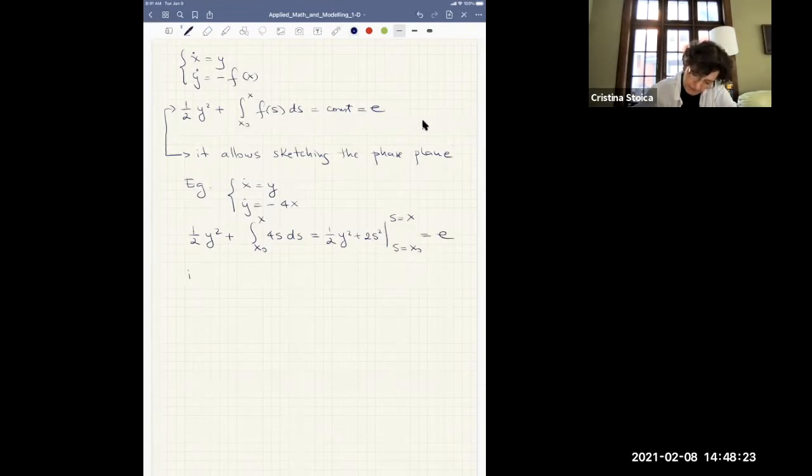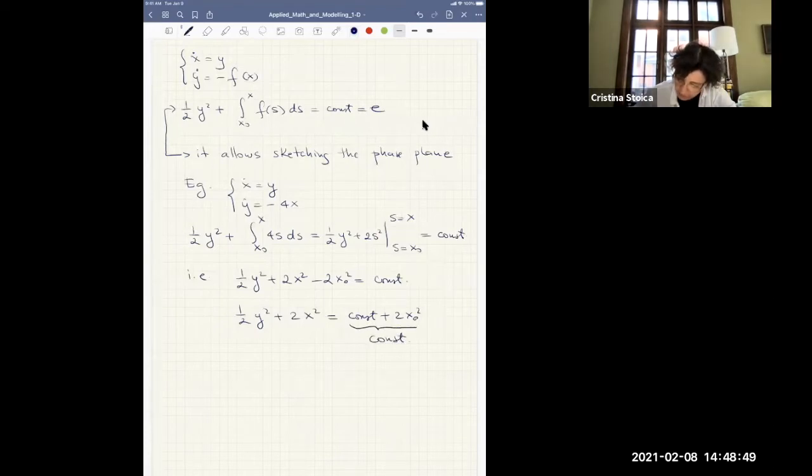So we would have 1/2 y squared plus 2x squared minus 2x naught squared equals, and not e, let's put constant. And then we end up with something that looks like this: constant plus 2x naught squared, but this is a constant in itself. So I'm going to call this one E. In other words, I'm leaving on the left-hand side all non-constants, and on the right-hand side I'm just putting under the letter E the constant that regards the initial time, if you want.